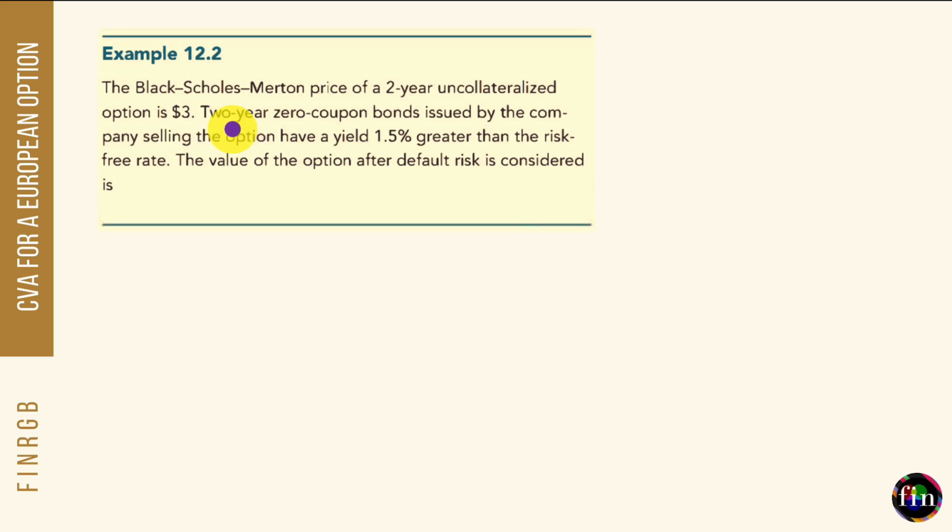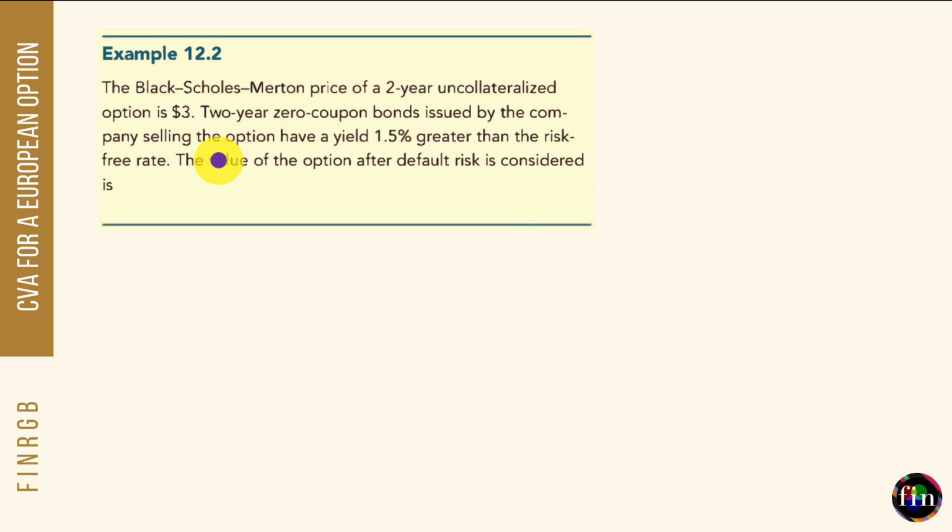Also, it's given to us that there is a 2-year zero-coupon bond which has been issued by the same company from whom we have bought this option, and this zero-coupon bond has a yield which is 1.5% greater than the risk-free rate.